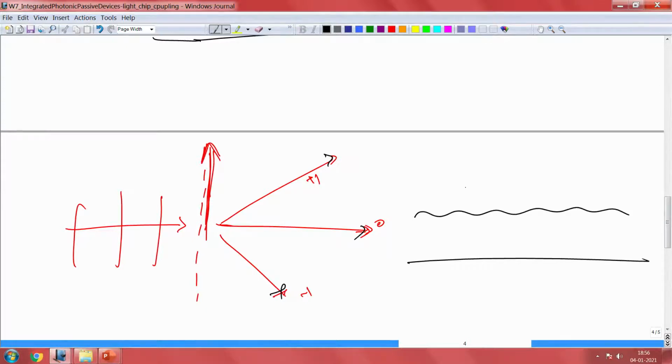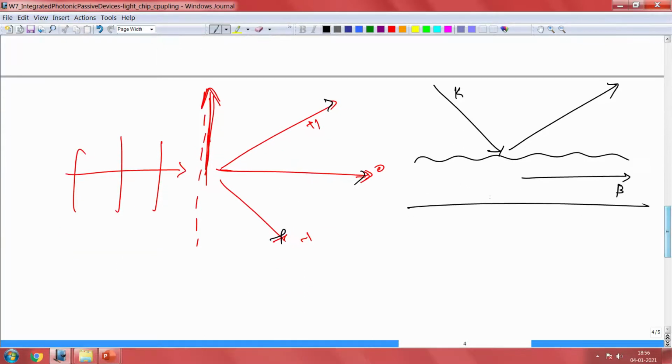Let us say the light is going to fall this way. So, you will couple, let us say this is one possibility, where it is coupled to beta, but you will also have a diffraction order this way, you will also have diffraction this way and also diffraction this way. So, this is all possible. These are all the possible diffractions that you will see.